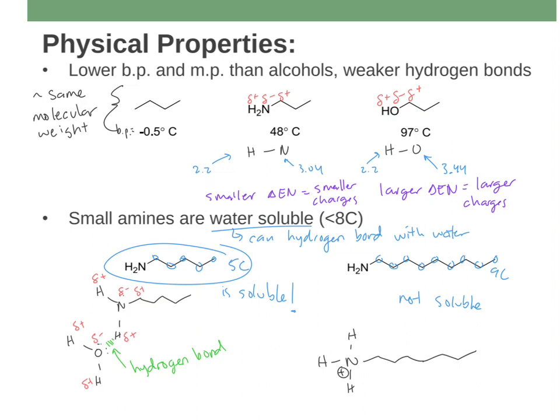So I'll just put as a side note here, protonated amines are more water soluble. It has an ion now, so it's even more attracted to water. It's going to become more soluble in that polar solvent. So protonated amines are more water soluble.